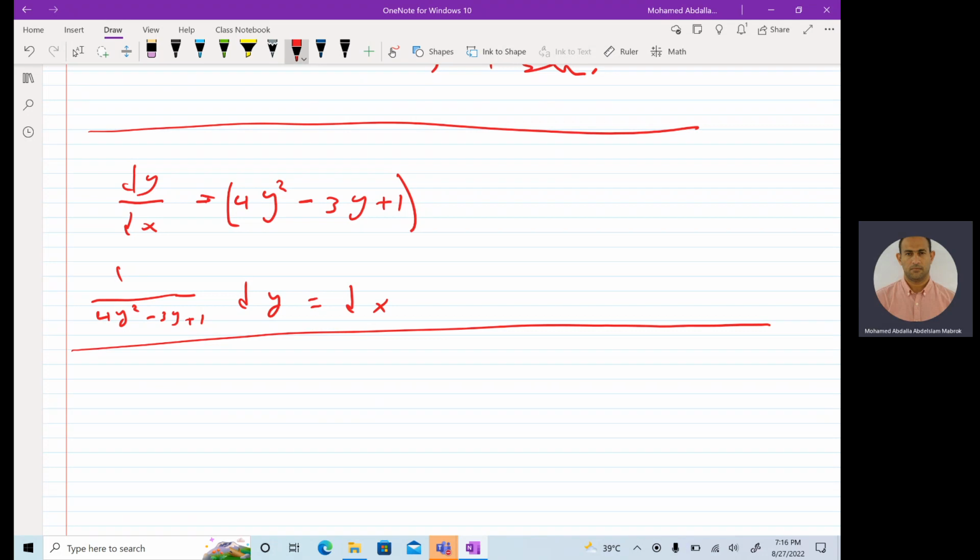Let's see some problems on the linear first order differential equation.